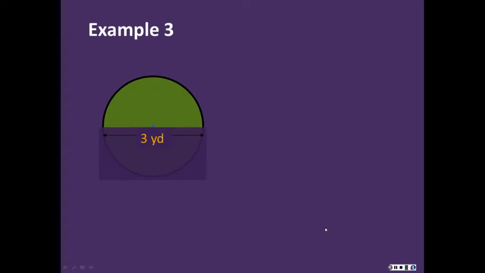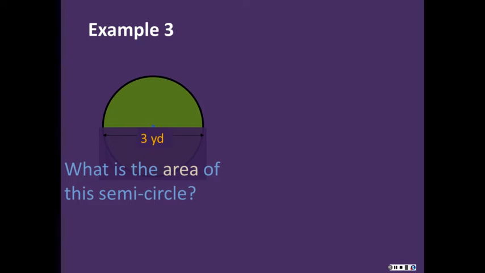Okay, here's example 3. My diameter is 3 yards, and I just want the semicircle, the green section of this. So I'm going to find the area, but I have to remember to split it in half because I'm doing a semicircle. So what is my radius?